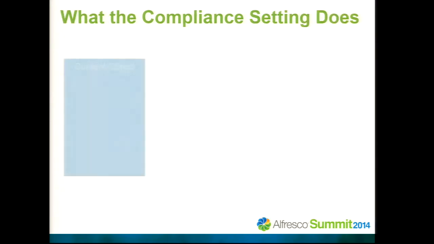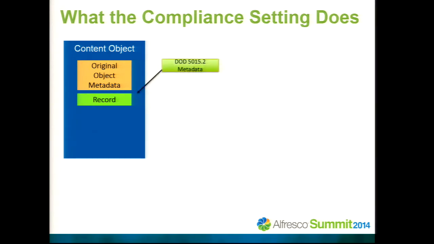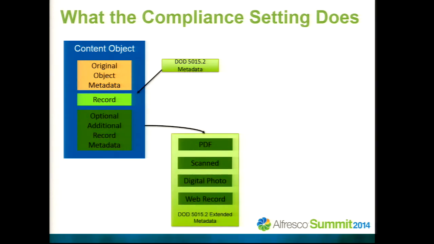What that actually does is, when you put a content object into the records management control, you've got the metadata that was on the original object, and it adds some additional metadata on there. If you set the 5015 standard, there's some mandatory metadata, as I said, that goes on there. You can also add in optional aspects if you need additional pieces of metadata, for things like web data.